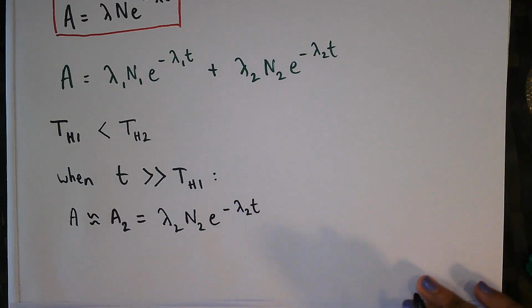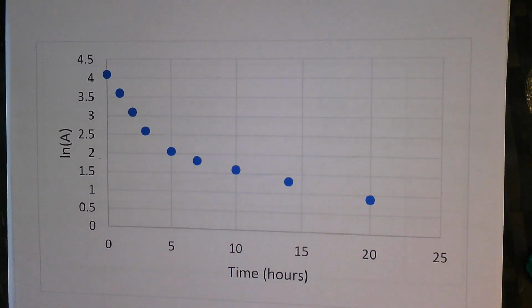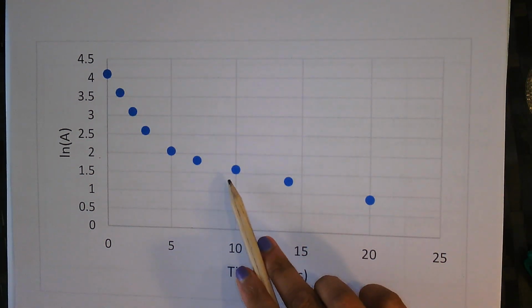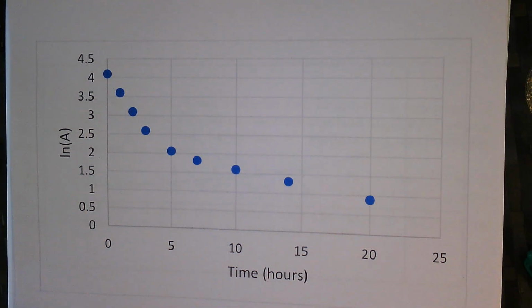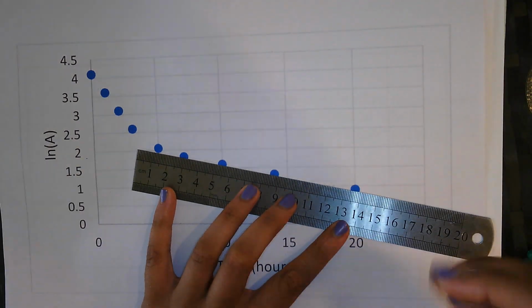The reason I'm making this assumption is because from the graph we can see that when t is large, say from 10 to 20 hours, the graph is pretty linear, practically a straight line.